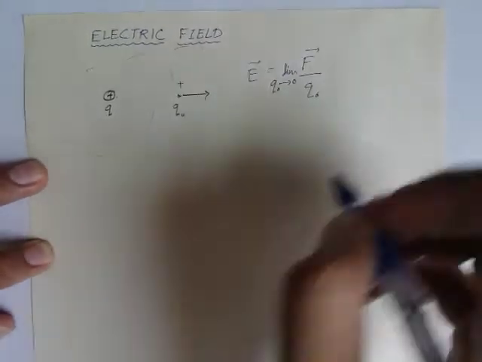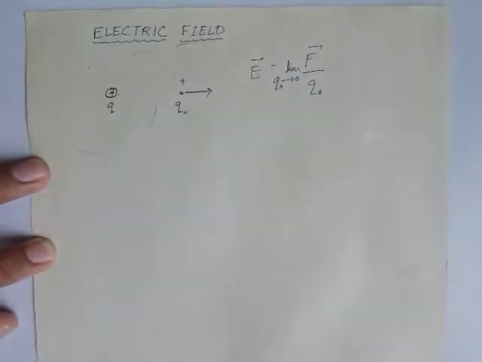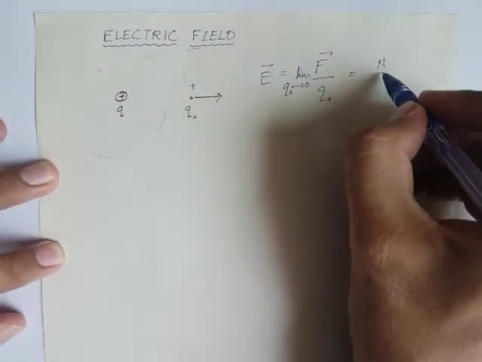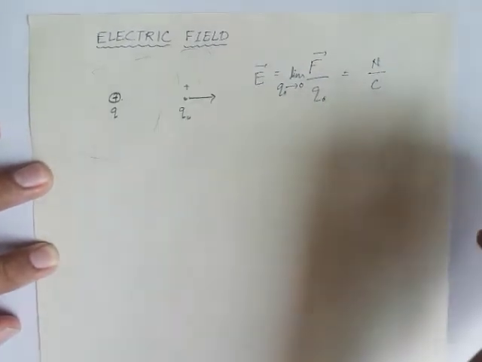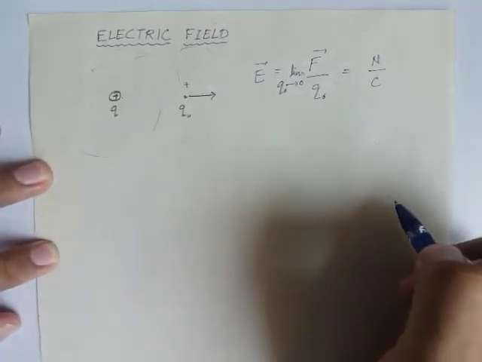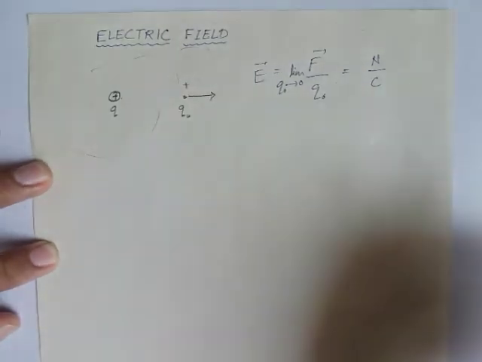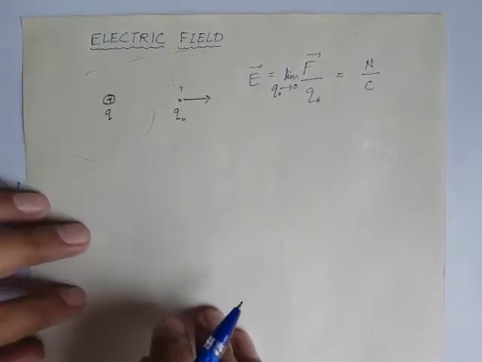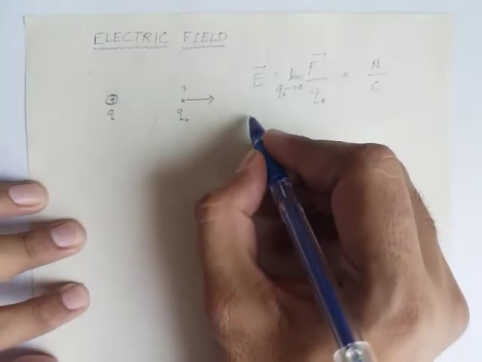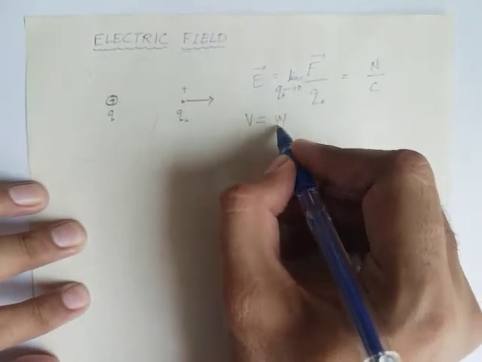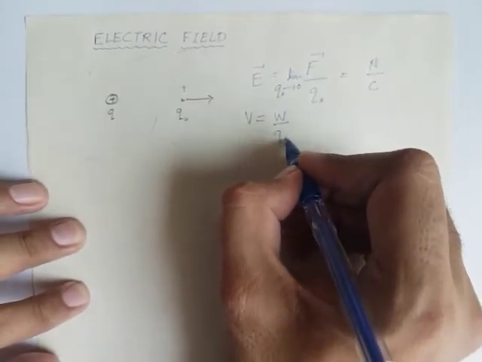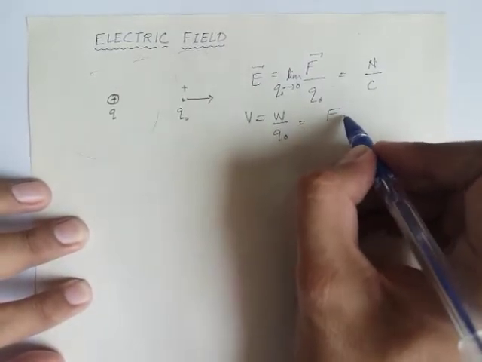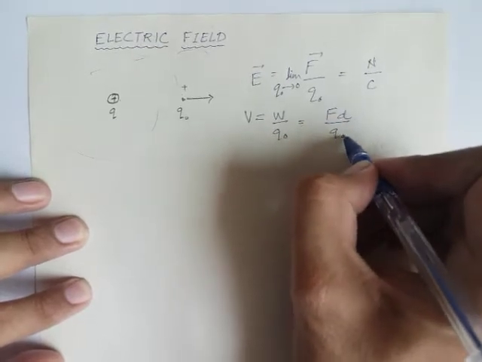Now, if we talk about its units and dimensions, what will be the unit? Force is in Newton, charge is in Coulomb, so the SI unit is Newton per Coulomb. It can also be written in another form, in terms of voltage. If we are talking about potential difference, we know V equals work done per unit positive charge. And work done is force into displacement, upon test charge.